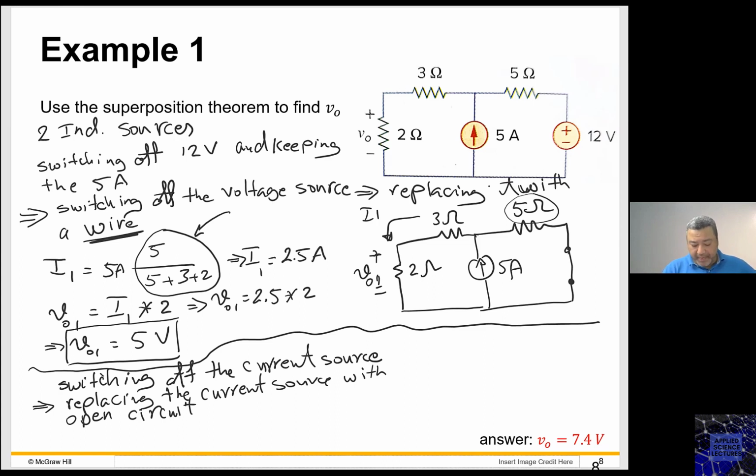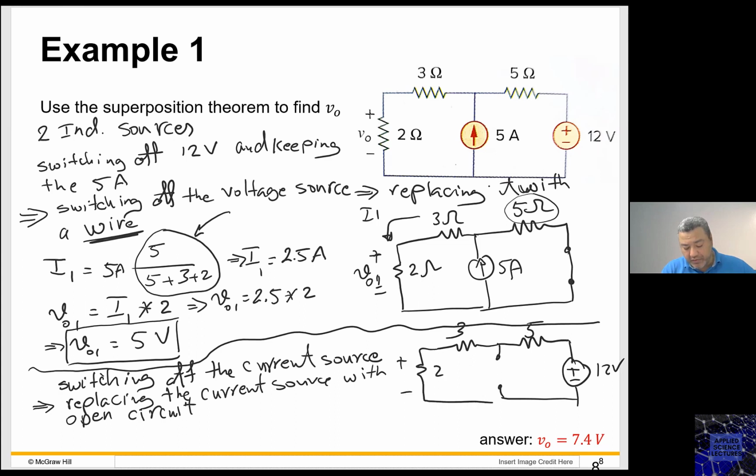Now the circuit, when I switch off the 5 ampere, I will be replacing it with an open circuit. The voltage sources will be there. So here I have the 5, I have the 12, 3, 2, and this one now will be V naught 2, because that's a new circuit, right?